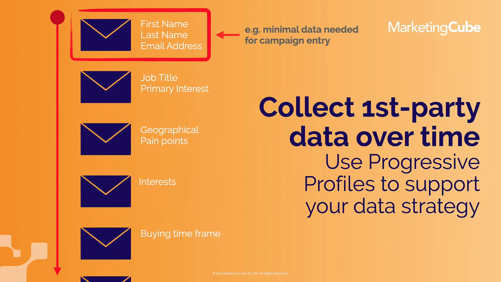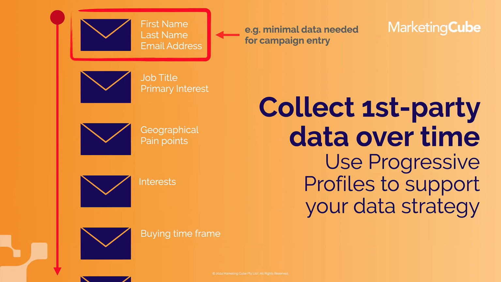Completely up to you. But whatever minimum data you need to get a marketing qualified lead together, we can use the form to help you do that automatically. You don't have to do it by yourself, let the platform do the hard work for you.